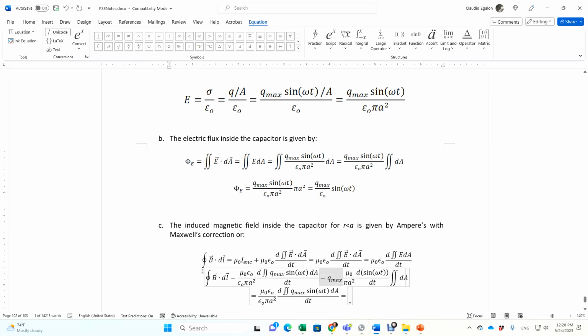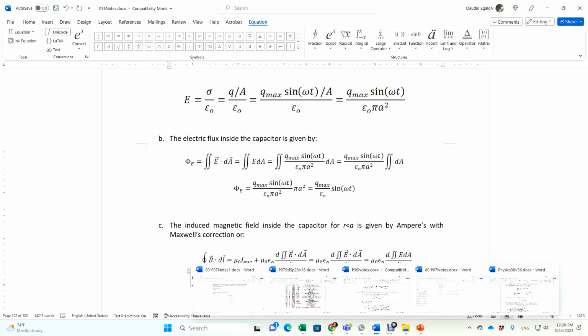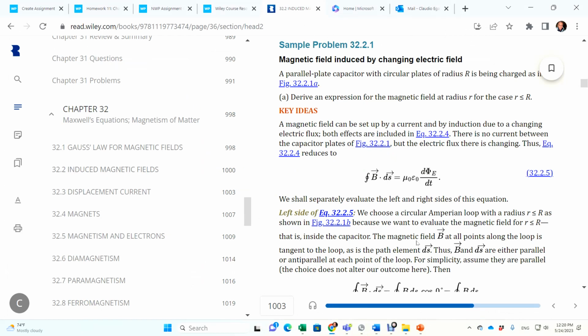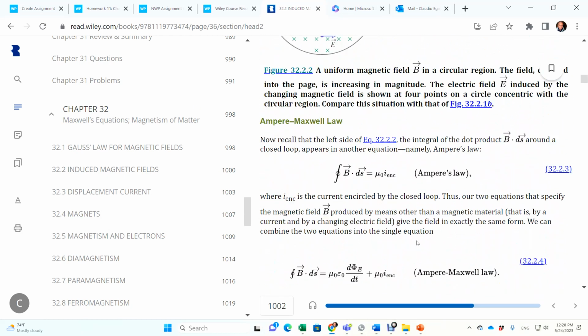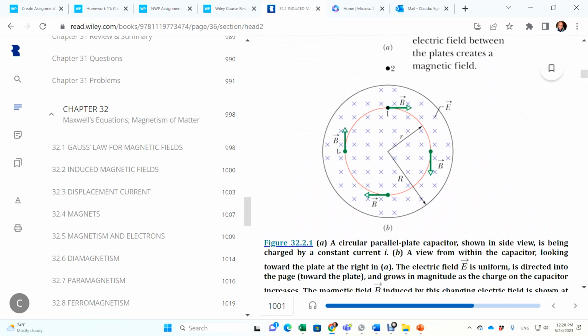And because we are taking the flux only from an area inside the capacitor, just like that area that you saw before, right in here, this one right in here, see? That's r less than big R, or r less than a, right?